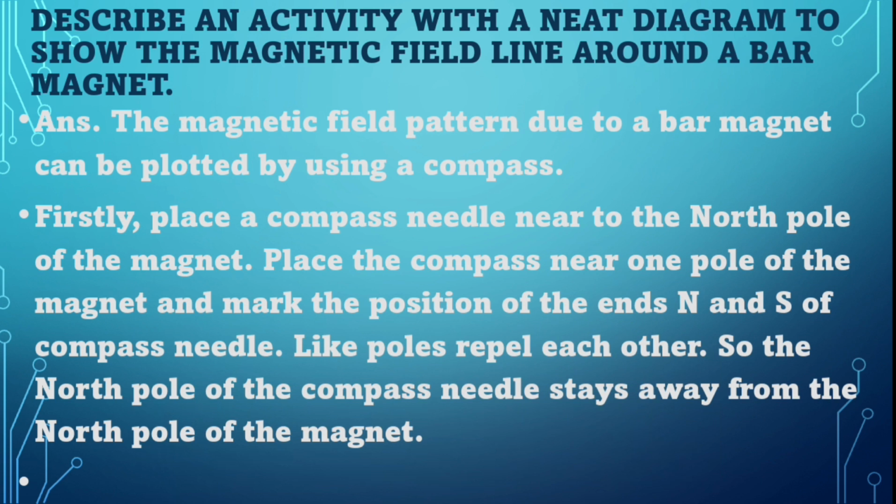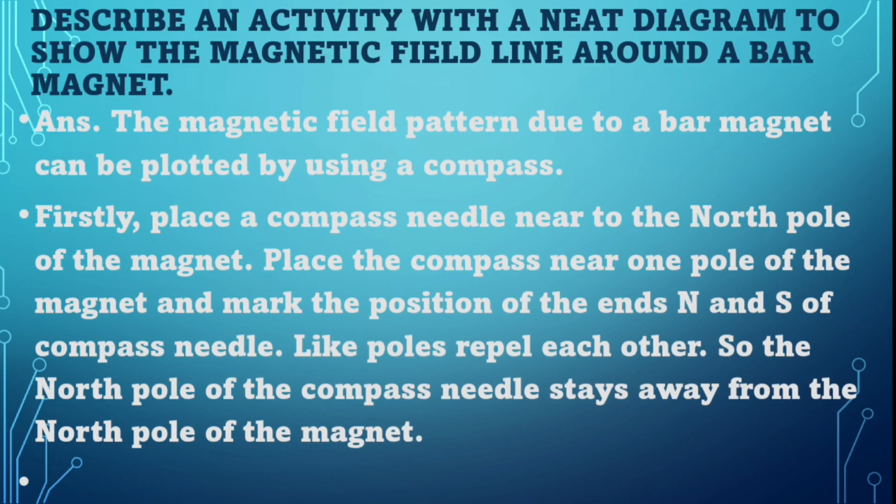Another question is: describe an activity with a neat diagram to show the magnetic field lines around a bar magnet. Answer: the magnetic field pattern due to a bar magnet can be plotted by using a compass.